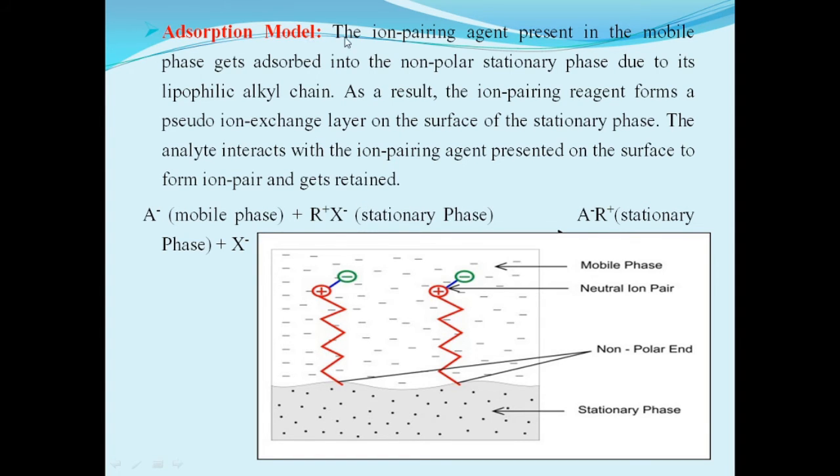Adsorption model: the ion pairing agent present in the mobile phase gets adsorbed onto the non-polar stationary phase due to its lipophilic alkyl chain. As a result, the ion pairing reagent forms a pseudo-ion exchange layer on the surface of the stationary phase.